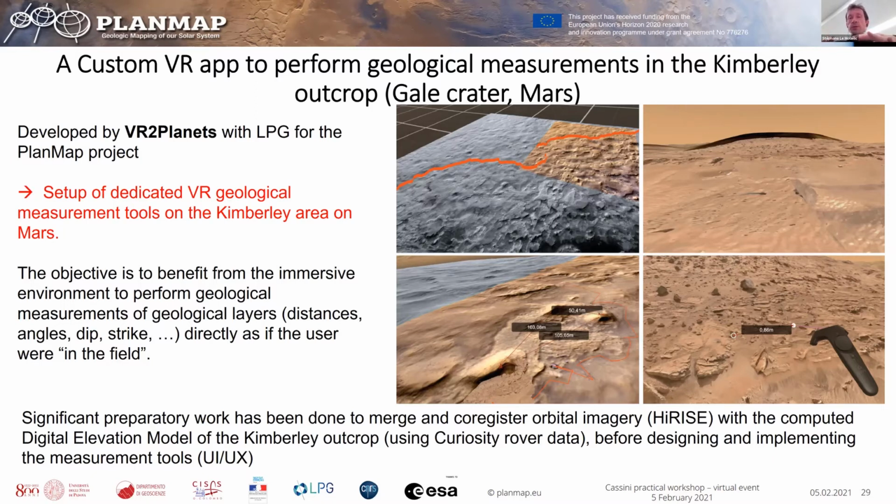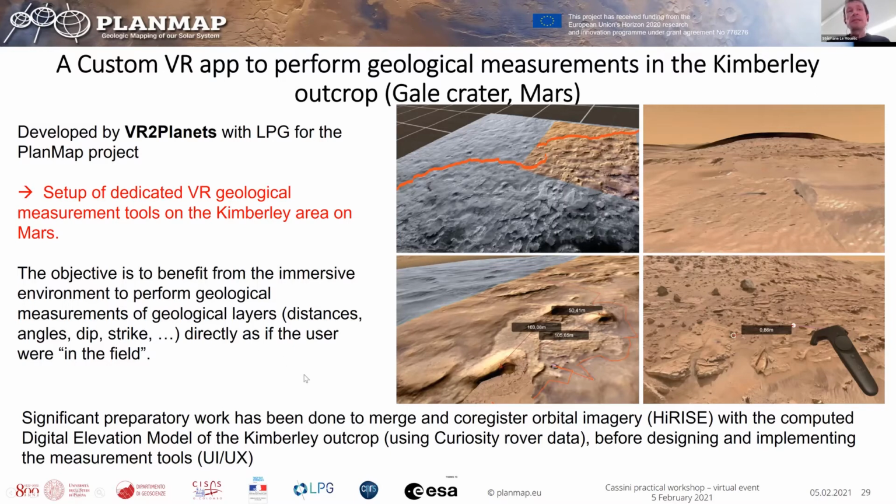In this case, we used, again, satellite images to recreate the place, merged with images taken directly on the ground by the Curiosity rover. And by matching the two data sets very accurately, this application gives the user the possibility to take geological measurements, such as distances, angles, dip strike.